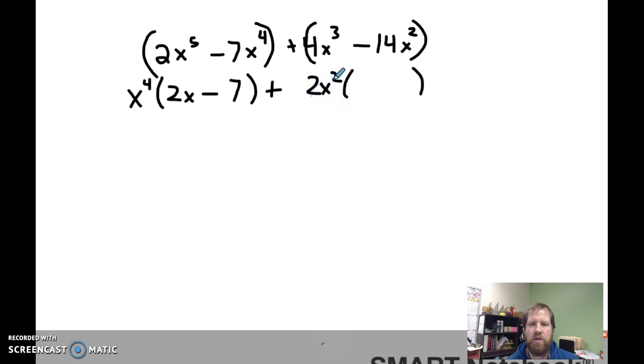I pull out 2x squared, I'm going to be left with 2x minus 7 again.